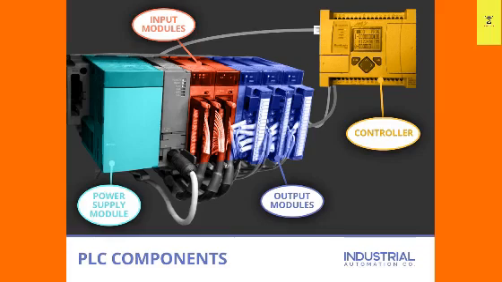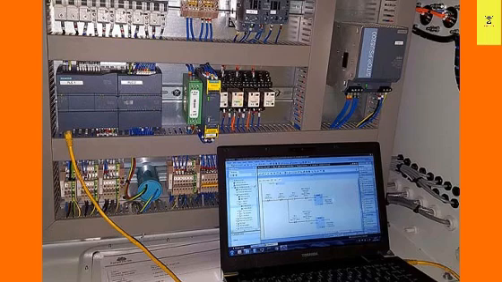Another element is the HMI. HMI is the human-machine interface. It is the interface between operators and the automation system.